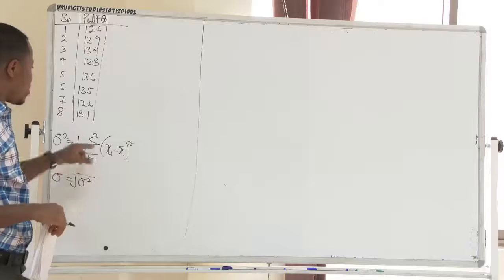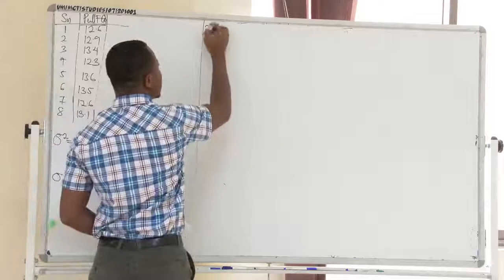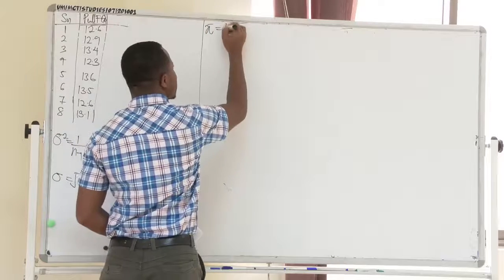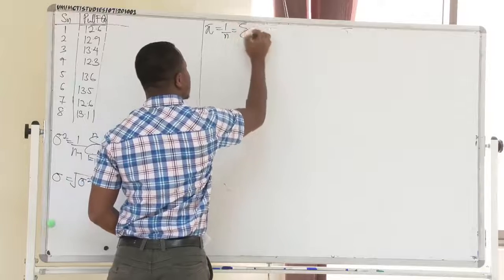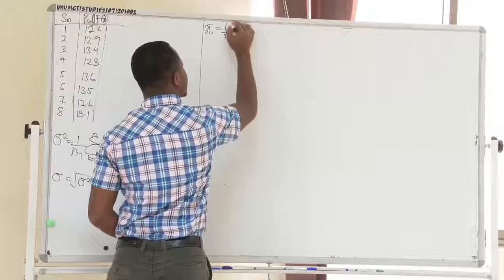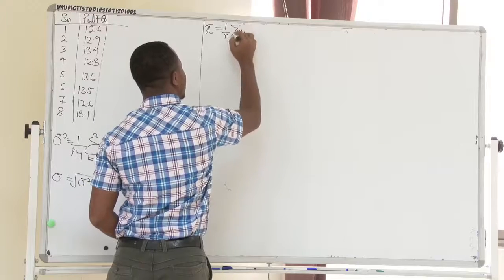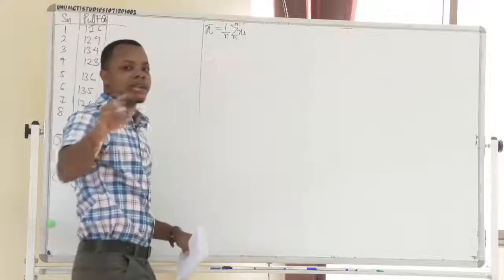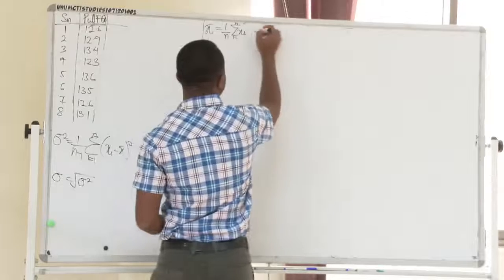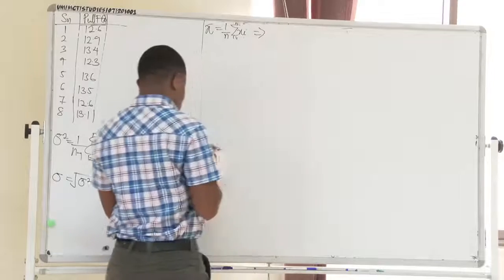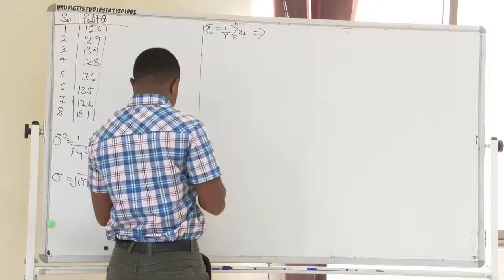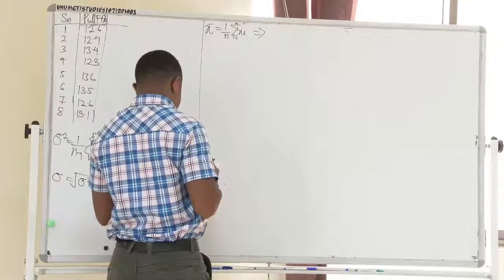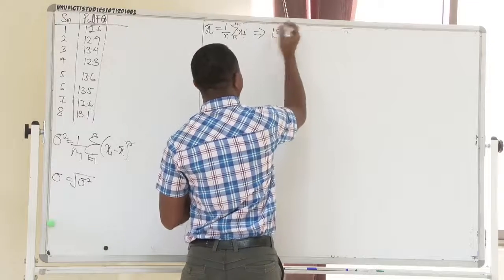The mean of x is the same as 1 over n times the summation of xi from i equal to 1 to n, just the normal estimation of the mean. Going through all this leads us to a mean of 13.